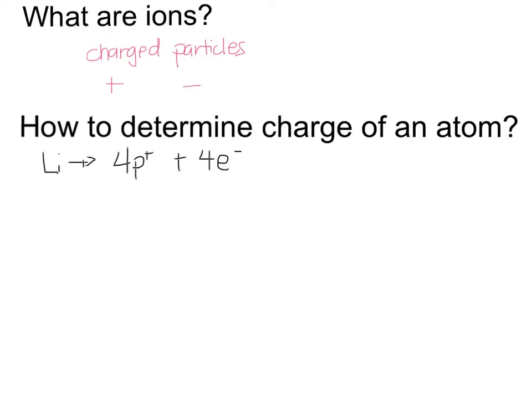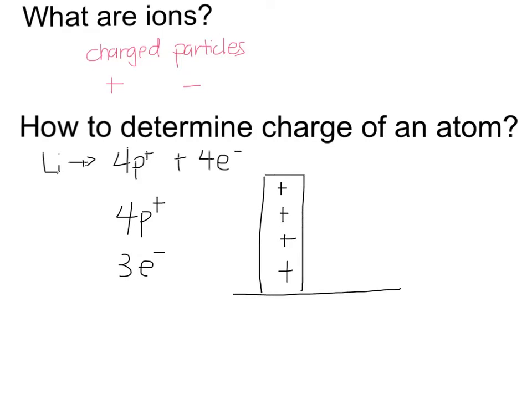Now, instead of having 4 protons and 4 electrons, let's say it has 4 protons and 3 electrons. So let's go ahead and look at this. Here's lithium with 4 positive charges.